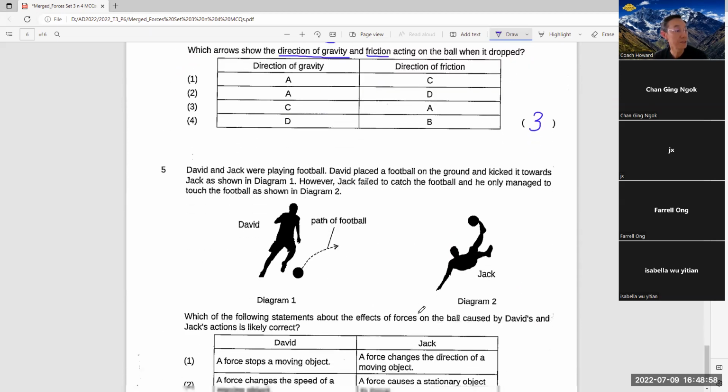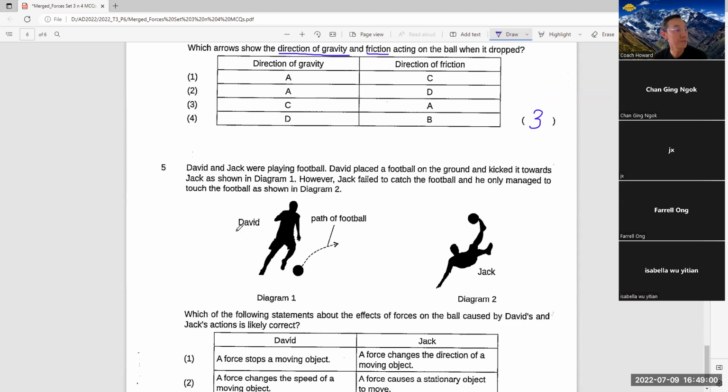Okay, next one. David is this person, and Jack is playing football. David plays the football on the ground and kicks towards Jack. And Jack, as shown, failed to catch the ball and only managed to touch the ball, as shown in diagram 2. As in he does something like a reverse kick.